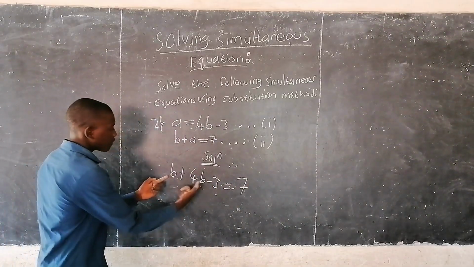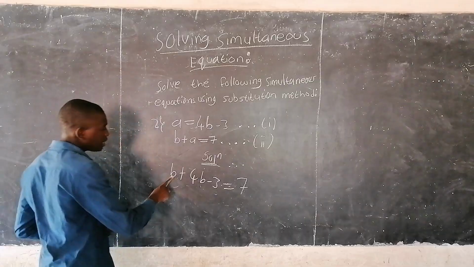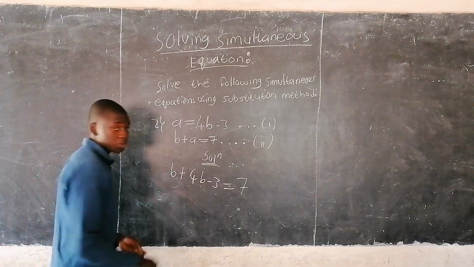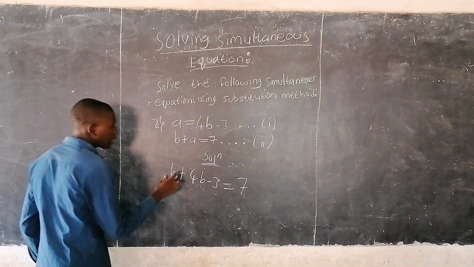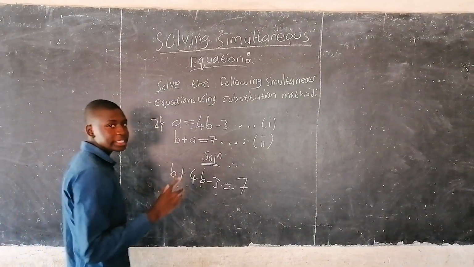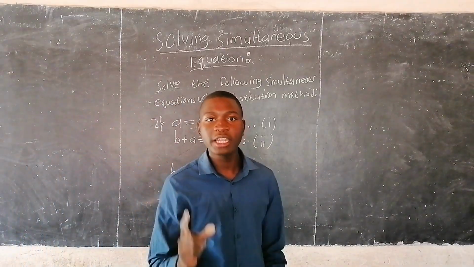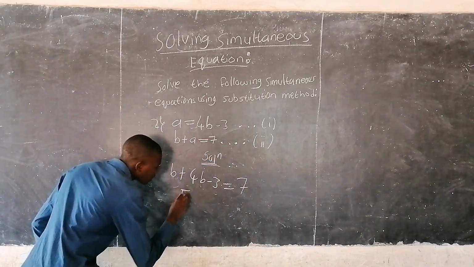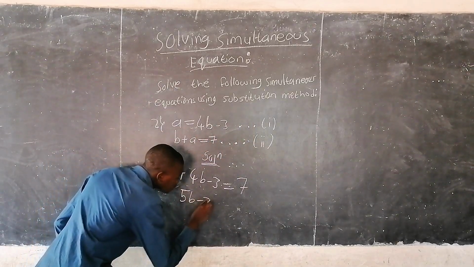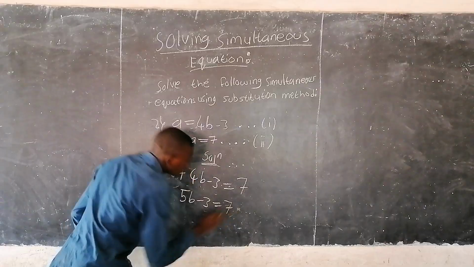We have like terms here, and we add b plus 4b, which will give us 5b, because when a variable is left alone, it always has a coefficient of 1 and power 1. So we'll have 5b minus 3 is equal to 7.